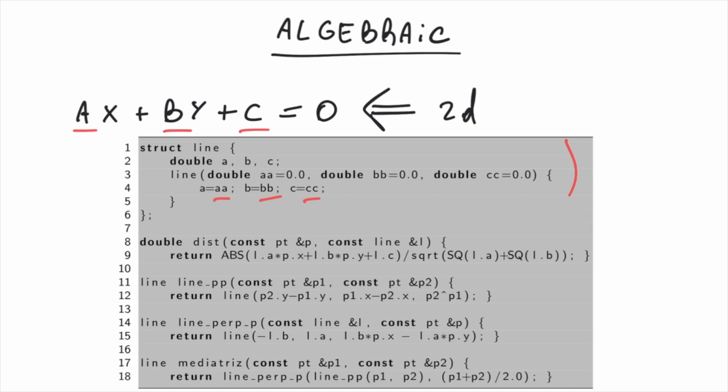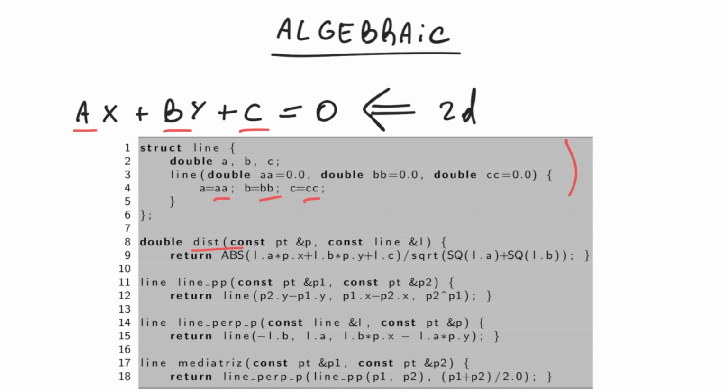And then we can write a few useful common functions that will allow us to do computations and operations with this line. For example, we can write a function that computes the distance from a point to a line.